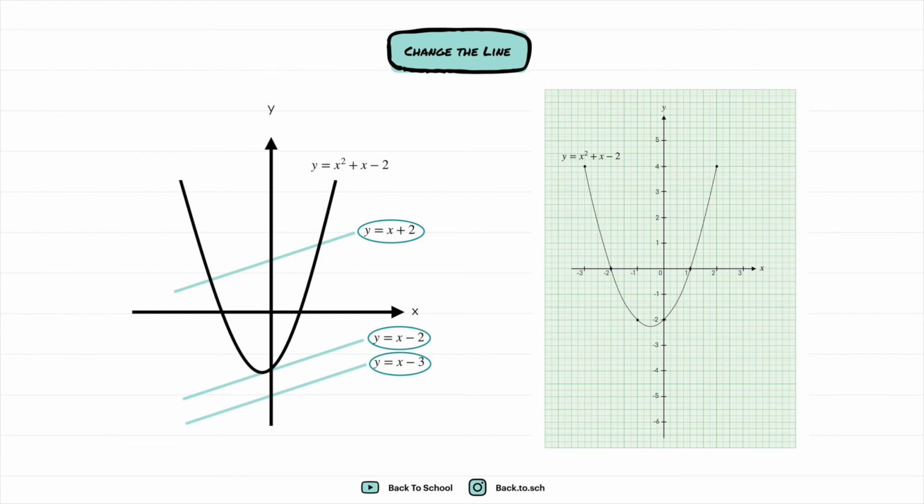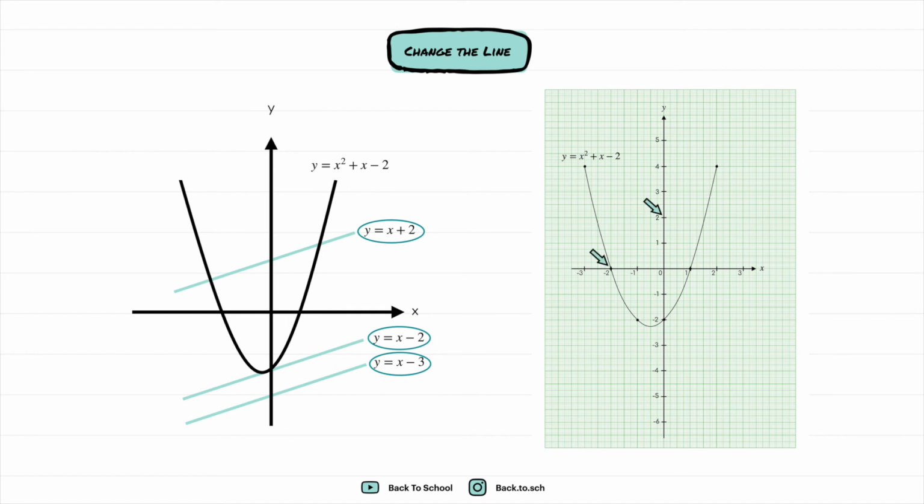But there is one neat trick for that. Let me just show it to you with one of the lines. This line, your y equals to x plus 2. Now, because this is a straight line, all we need is just 2 points, and we will be able to plot this line onto the graph. And the 2 points that I'll conveniently choose are going to be this point and this point.